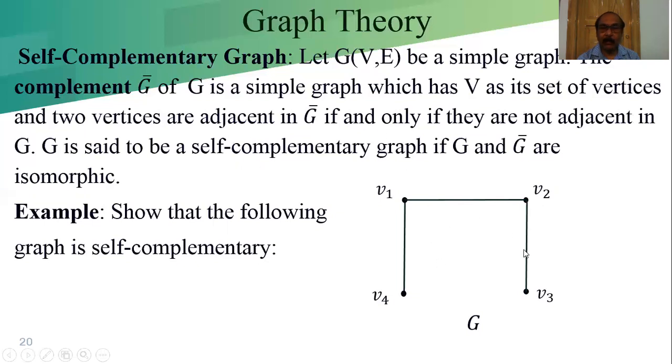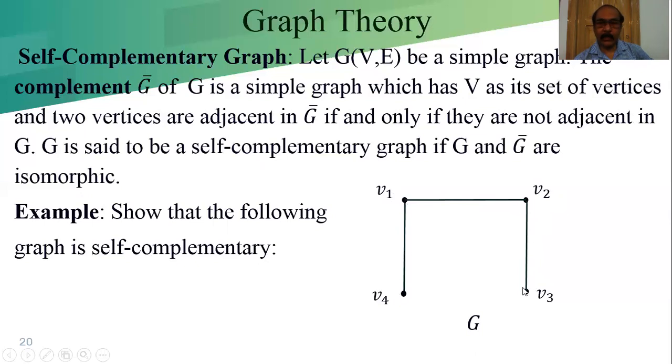So this is our G. What will we get in G bar? G bar is our complement. These two vertices should not be adjacent. Here, these two vertices are not adjacent, and these two vertices are not adjacent. So in the complement graph, these two vertices will be adjacent, these two will be adjacent, and these two will not be adjacent.